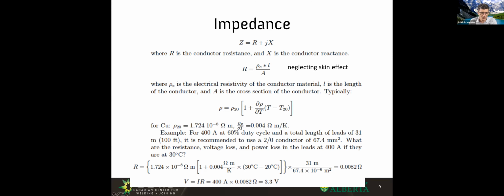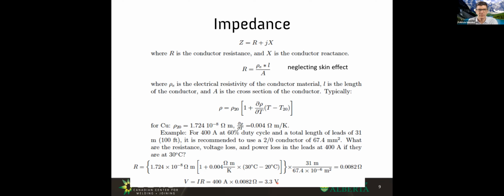But if I do current times resistance, the voltage loss I expect is 3.3 volts. So look at this, how important. In this example, when I look at the plate of the machine, I know that of the voltage I'm reading, 3.3 of those volts have nothing to do with my weld. 3.3 of those volts are just in the cable.